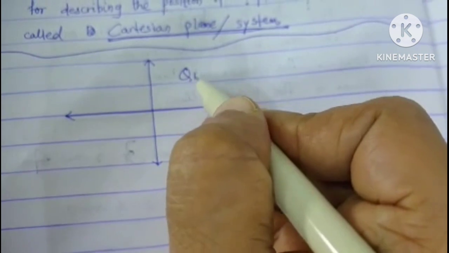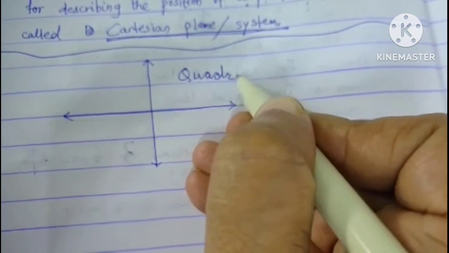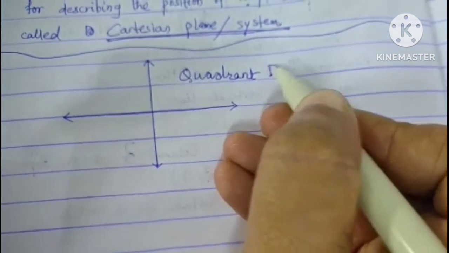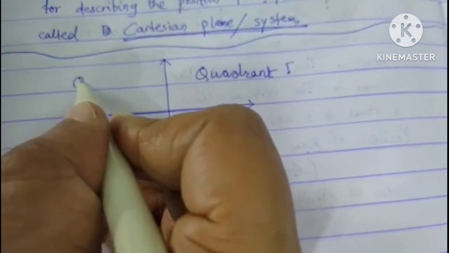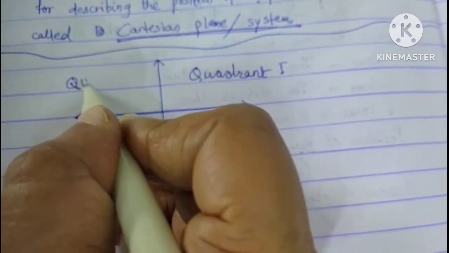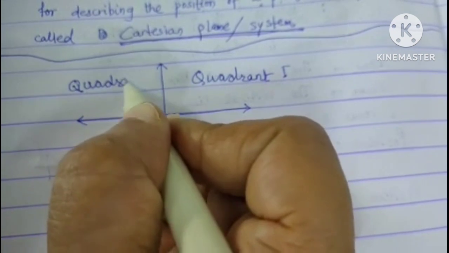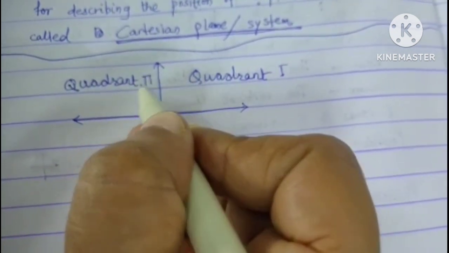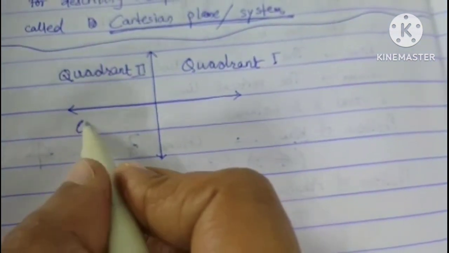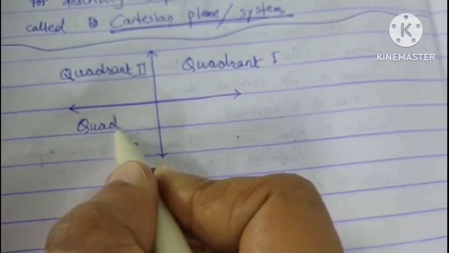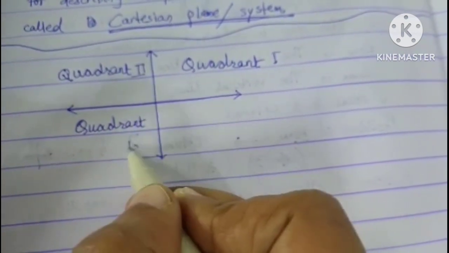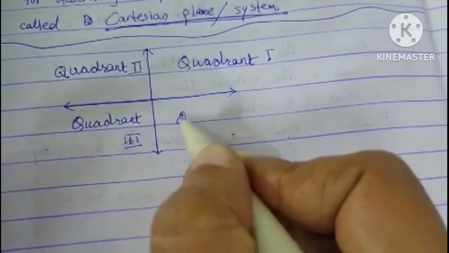So this will be quadrant 1, this will be quadrant 2, this side it will be quadrant 3, and it will be quadrant 4.